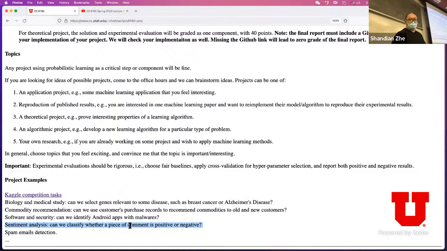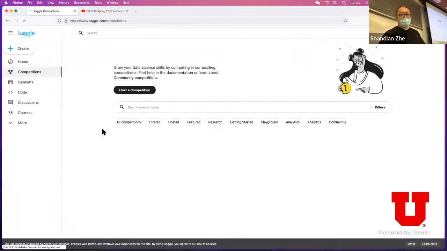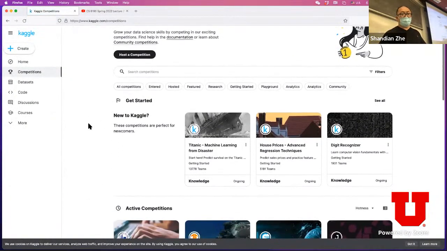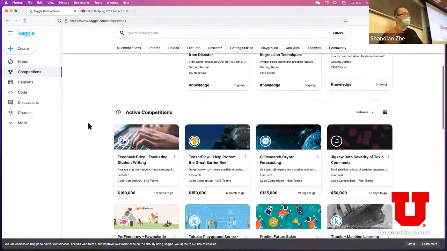And spam email detection. There are also a lot of fancy tasks in Kaggle competitions, right? If you look at Kaggle, there are a lot of data sets, a lot of tasks. You can spend some time taking a look. In my own papers, I often use those data sets because they're real data sets, and many of them are very interesting.